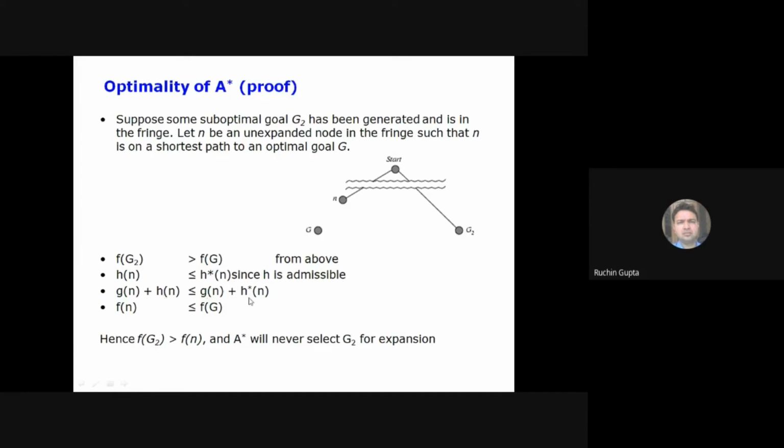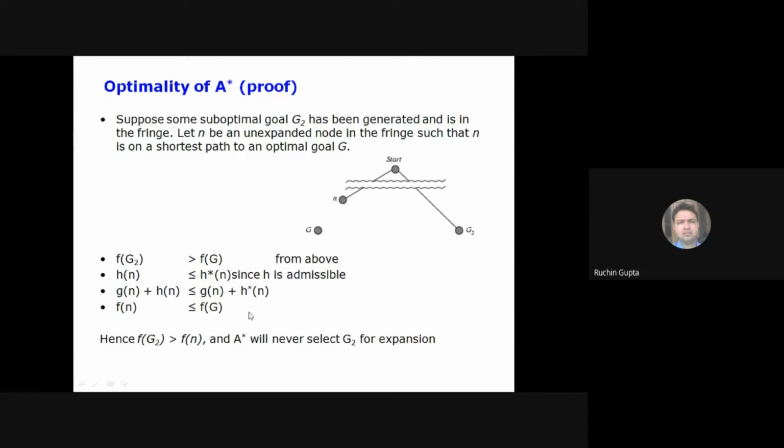So this g(n) plus h(n) is what? f(n). And this g(n) plus h*(n) is what? f(G). So I will get f(n) less than or equal to f(G).